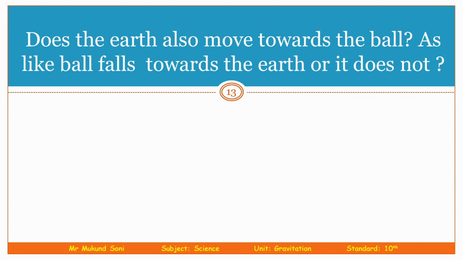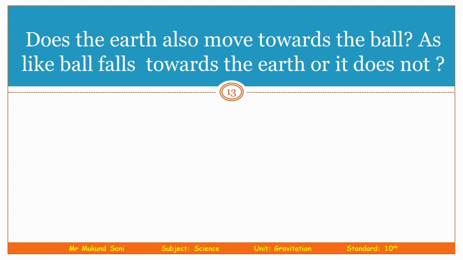Have you ever observed the Earth move towards some object like the Moon or a ball? No, it's a fun, it's a joke, right? Yes, I feel so too. But what is the reason? Think on it. There must be some scientific reason why the ball falls back, but the Earth does not move up towards the ball.